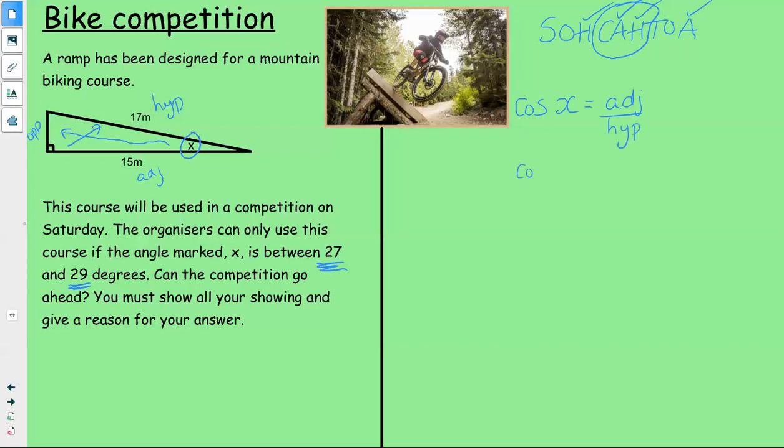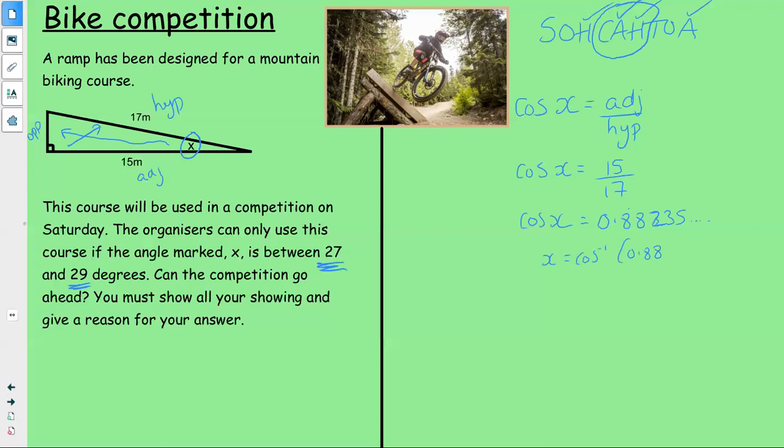So cos x equals adjacent is 15, and the hypotenuse is 17. Use your calculator now. 15 divided by 17 is 0.88235. So to find out x, you're using the inverse function.